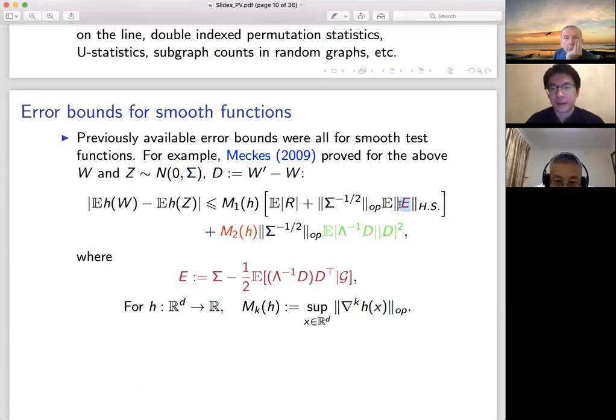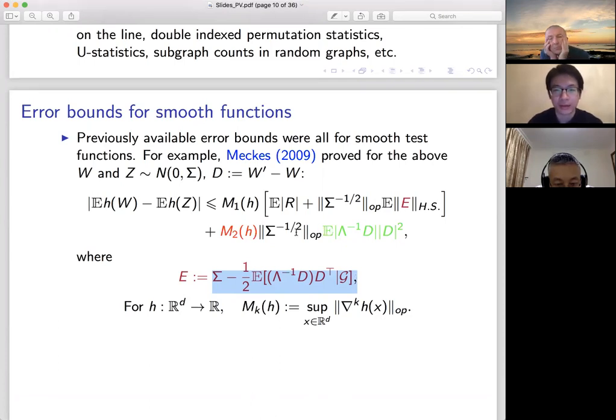Then there's a Hilbert-Schmidt norm of this d by d matrix represented by E. Sorry, I'm using E for expectation, so hopefully there's no confusion. And this d by d matrix is defined to be the difference between the covariance matrix of W and, again, the conditional second moments of the differences.